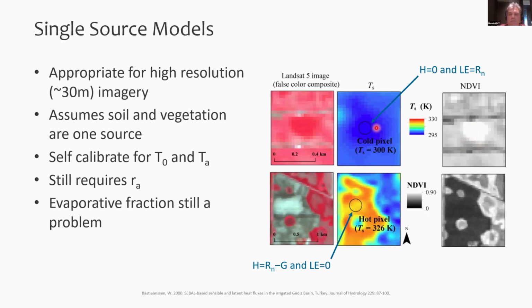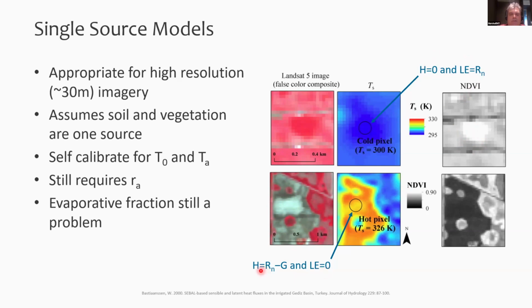In the land surface temperature region of the spectrum, you see it's a cold pixel, and that's because it's dominated by latent heat. So latent heat is approaching net radiation because your sensible heat is approaching zero. So this is what is called the wet or cold pixel. Conversely, this is an urban surface, it's grayish white, and so it's dominated by sensible heat, H. Latent heat is zero.